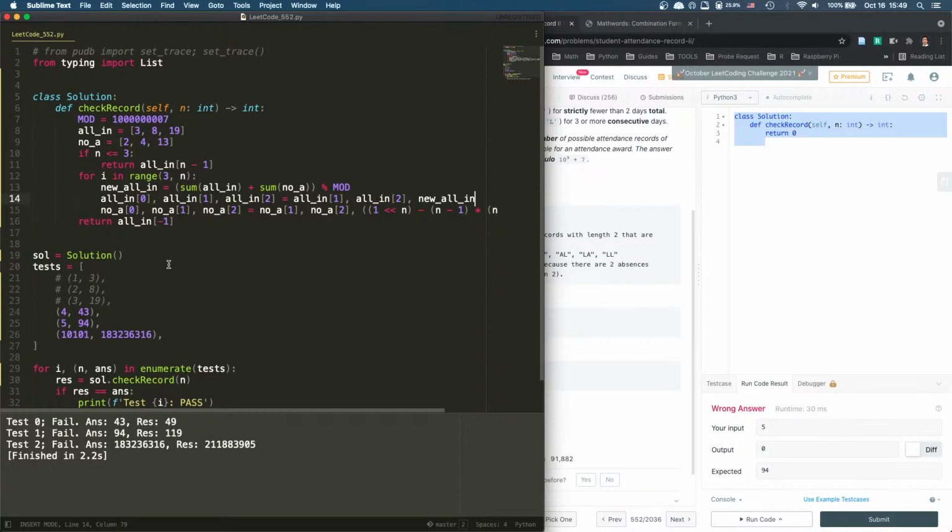All right. So something does not add up. Something does not add up. So 3 is 19. No A is 247. 4. This is 7. That's why. Pass. Okay. This one does not pass.